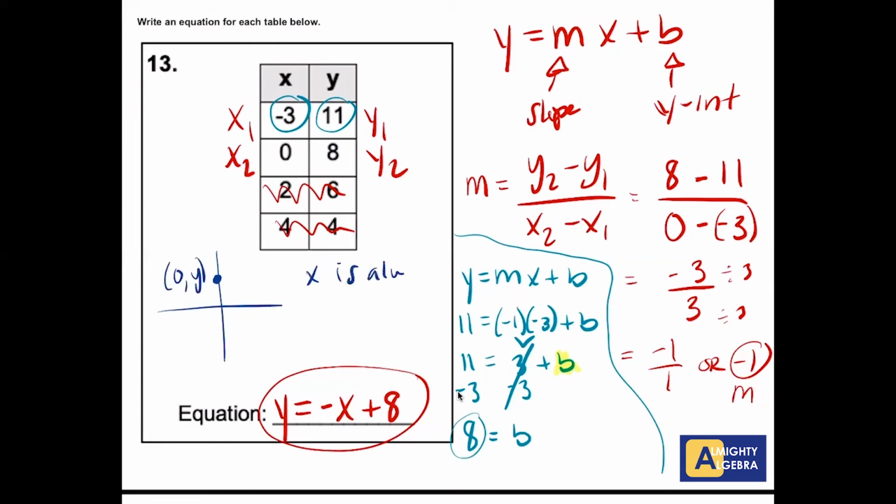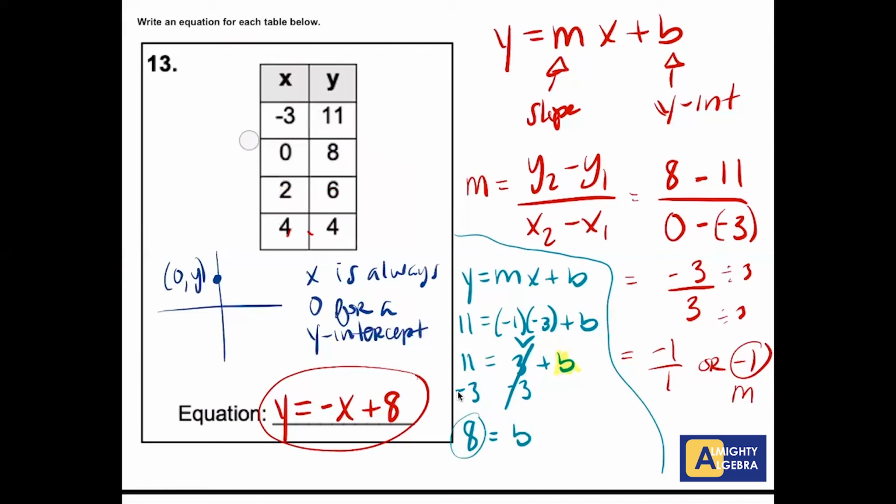X is always 0 for a y-intercept. So you may be able to quickly find the y-intercept by just looking at all the values in the table. Do you see any row of the table where the x coordinate is 0? Yes, the second row right here.